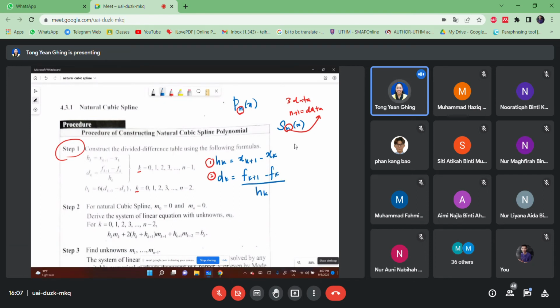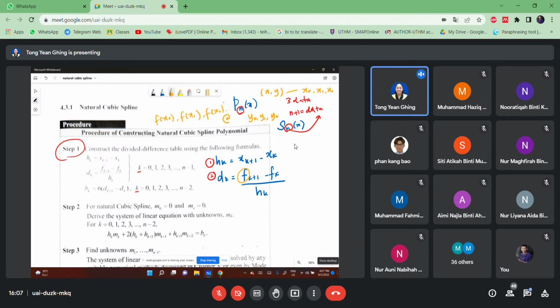Where this f is actually y. Before this, we have x and y, right? And then we normally write it as x0, x1, x2, and so on. And the y's can be y0, y1, y2, or even you can write f(x0), f(x1), f(x2), and so on.